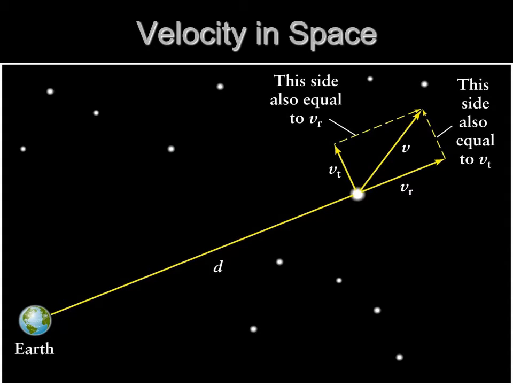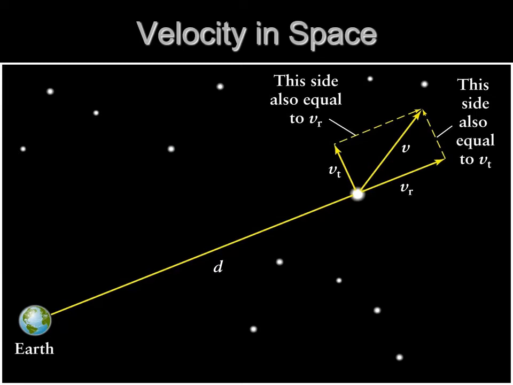Sorry, that should be VR right there for radial velocity. Okay, so there we have these equations, and you're not going to have to do this, but it can be done, and that would allow you to figure out how these stars are moving in space, what direction they're moving, and how fast they're moving.